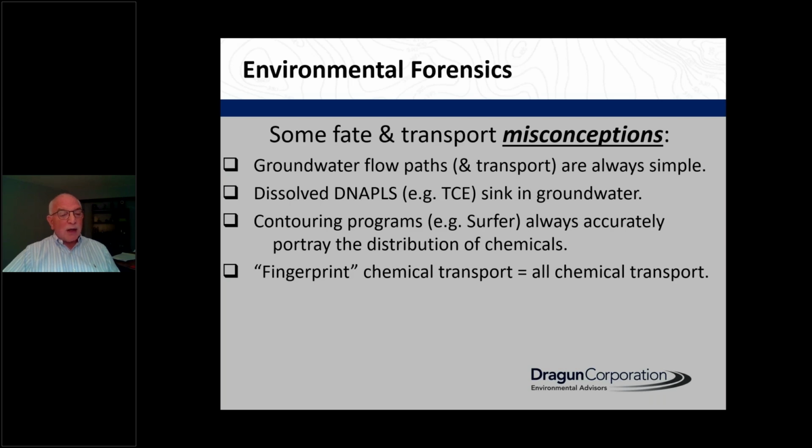But when I looked at it closer, this esoteric chemical was severely retarded, meaning slowed down relative to the transport of chemicals like benzene, toluene, ethylbenzene, and xylene. So although that chemical didn't get to point B, their benzene could have easily gotten to point B.